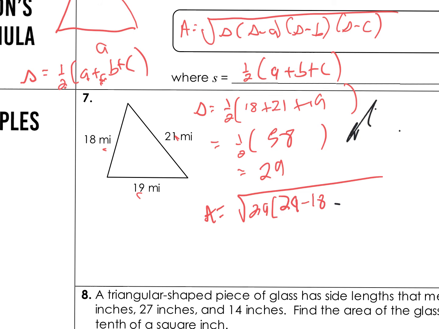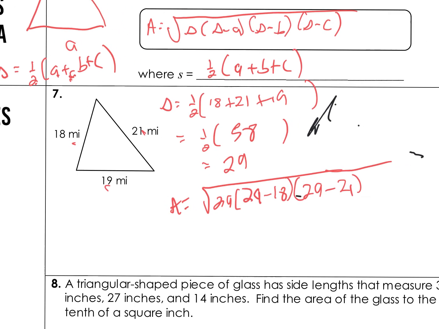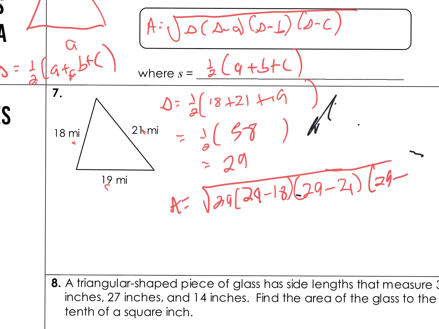29 minus the 18 times 29 minus the 21 times 29 minus the 19. Area is equal to the square root of 29 times 29 minus 18.